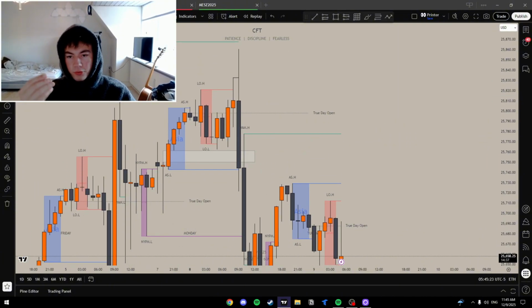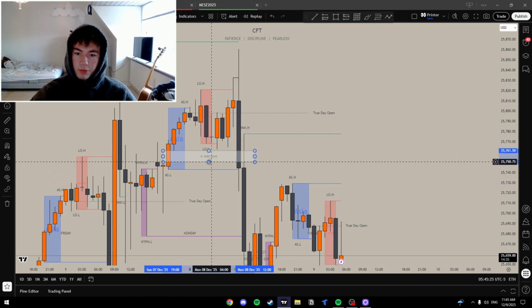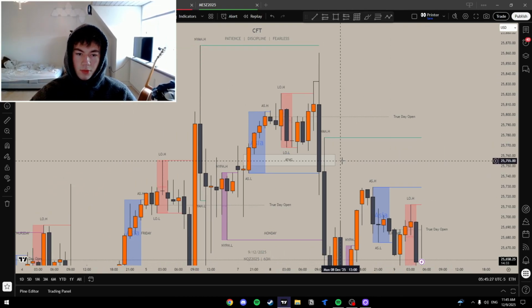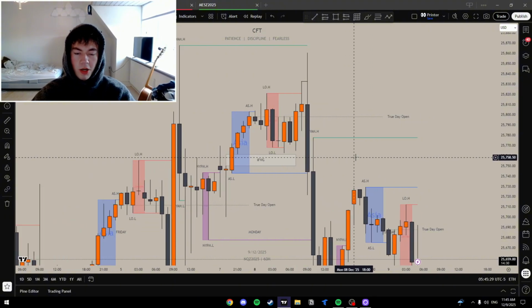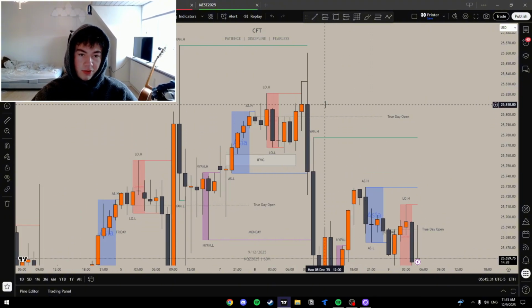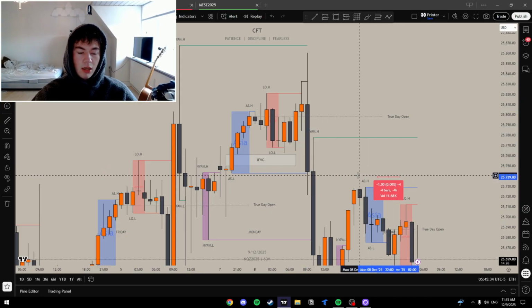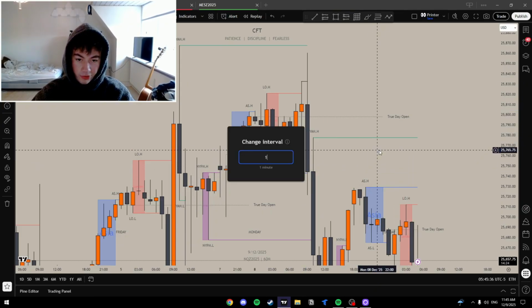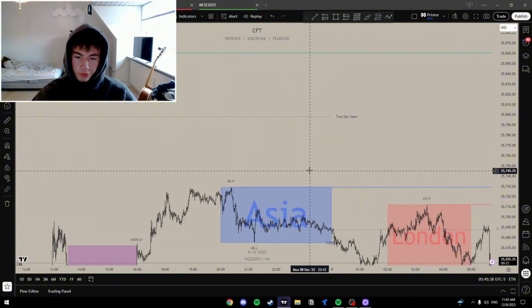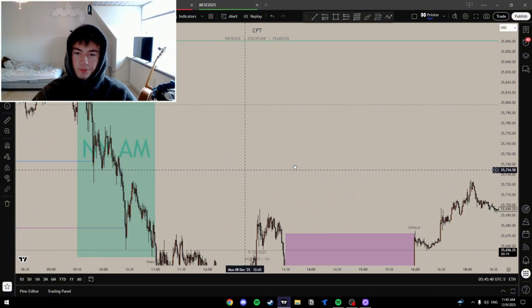And that's where I flipped my bias from being bullish to being bearish. So now that I am bearish and we got this displacement lower, I want to see continuation models, not reversals, because I am bearish now.